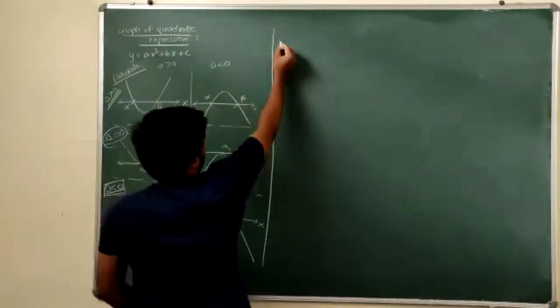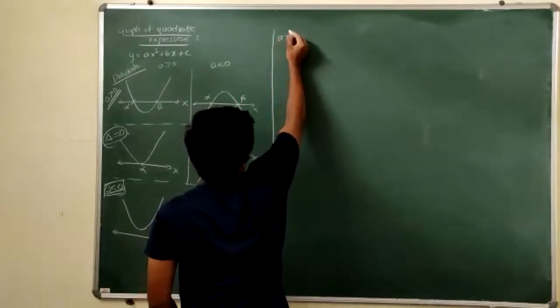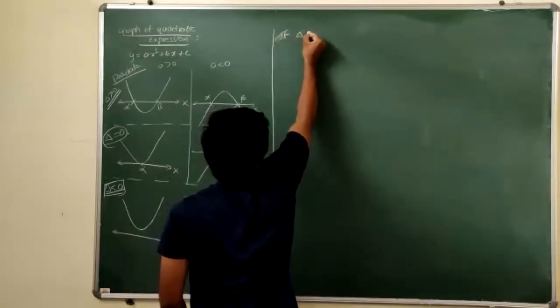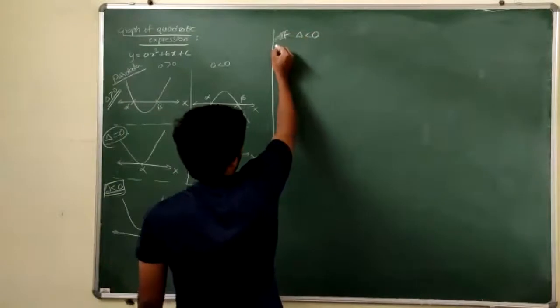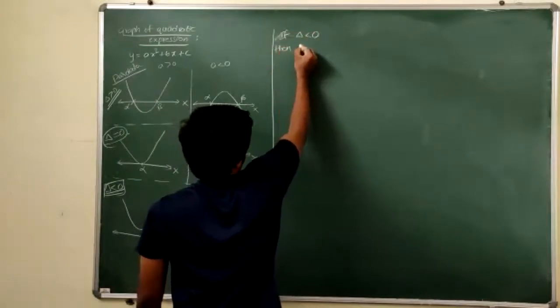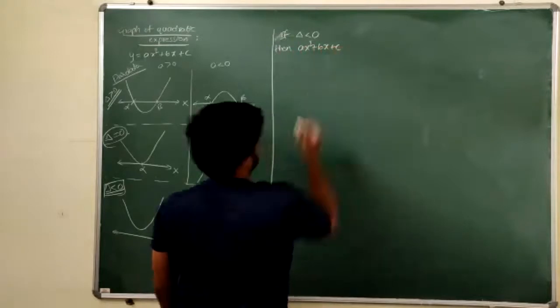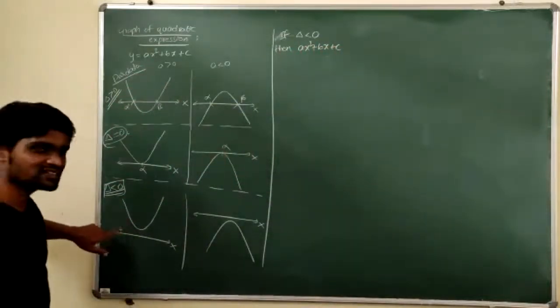Now, ax square, now see, if delta is less than 0, then ax square plus bx plus c is always greater than 0.